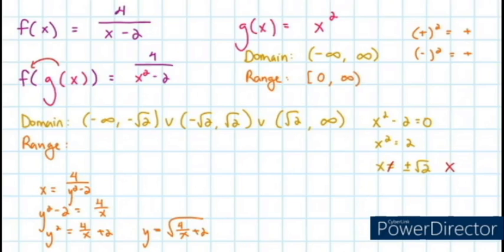This value under the radical needs to be greater than or equal to 0, because you can't take the square root of negative numbers. So 4 over x plus 2 has to be greater than or equal to 0. Then you just solve algebraically.